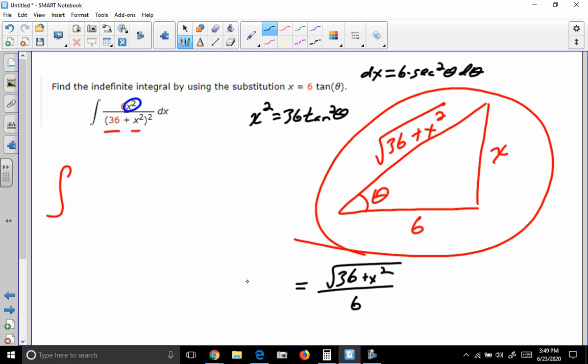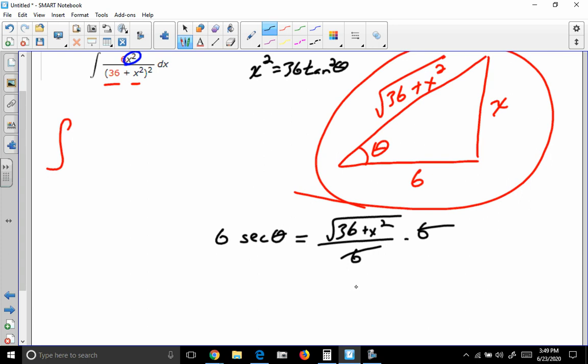The reciprocal of cosine is secant. So if we isolate the radical, that square root equals 6 secant.